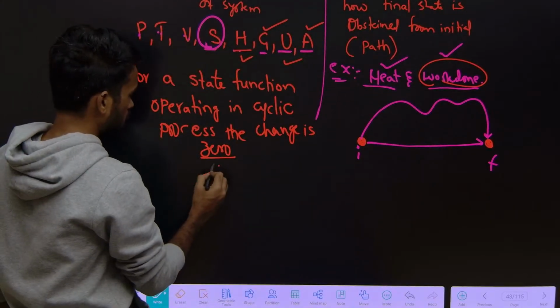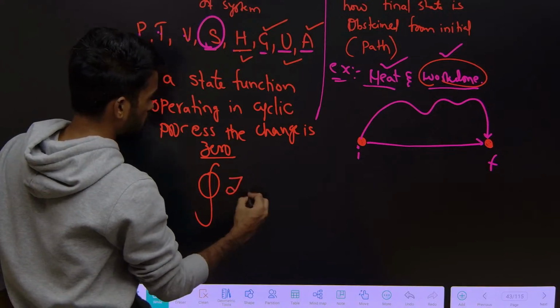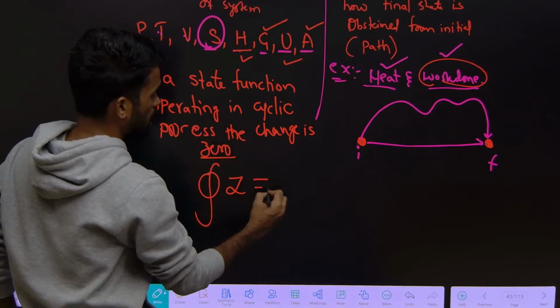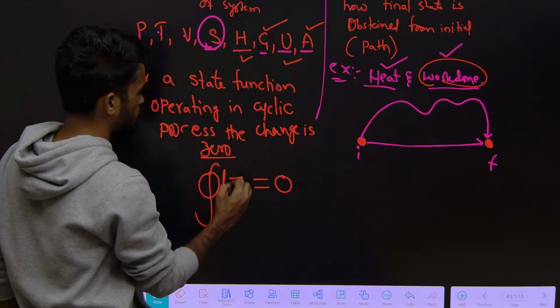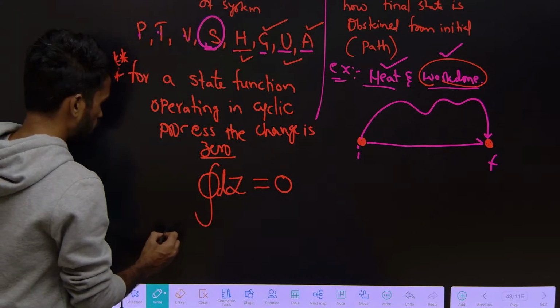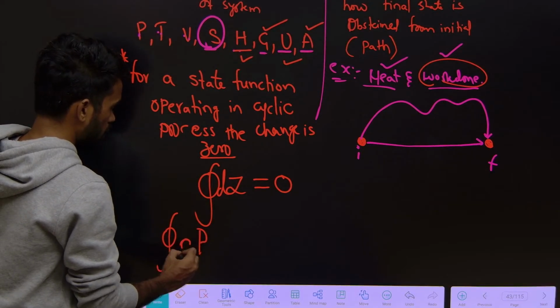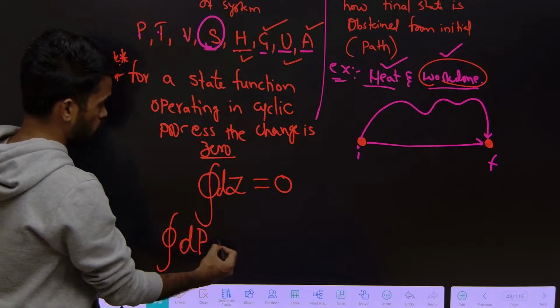This is the indication of a cyclic process. If z is a state function, its value change will be equal to 0, dz will be 0. Hope this is clear. If I say there is a pressure operating in this cyclic process, the change will be equal to 0.